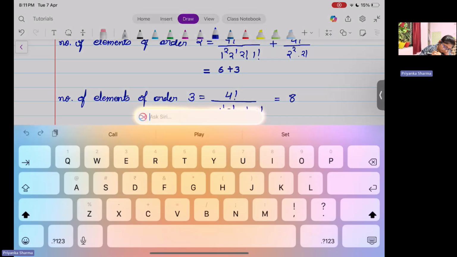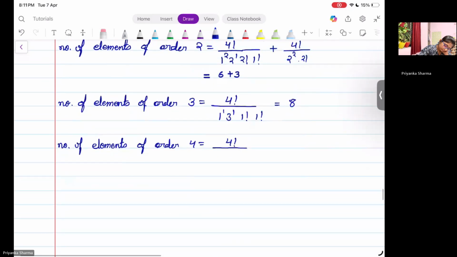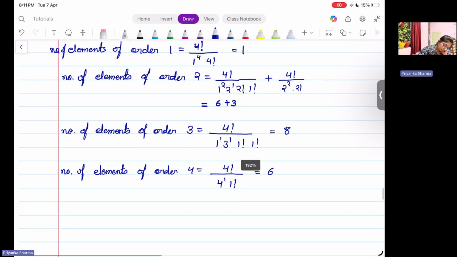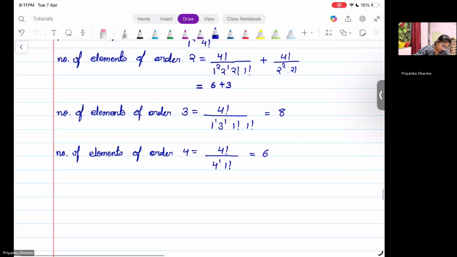Number of elements of order 4, they are factorial 4 divided by 4 to the power 1, factorial 1. That is 6. Okay. Here, it is to be noted that if two elements have same order, then it is not necessary that they belong to the same conjugacy class. They can have same conjugacy class, or the conjugacy classes can be different.